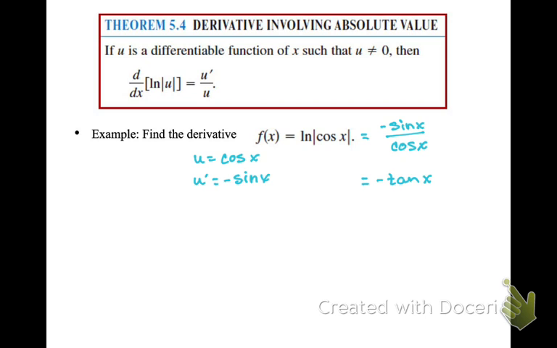Okay, what if I asked you to find the relative extrema of a natural log function? Extrema is a min or max, yes? How do I find a min or max? Derivatives. The first derivative and set it equal to 0.